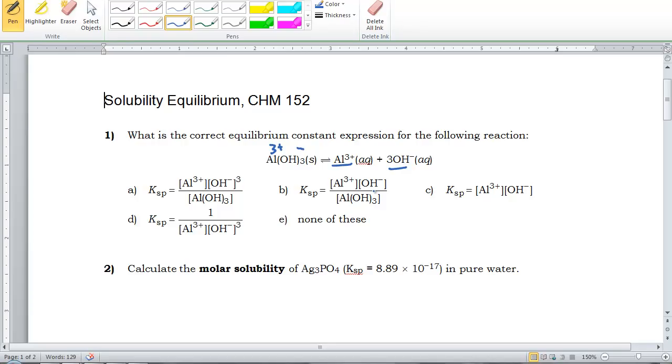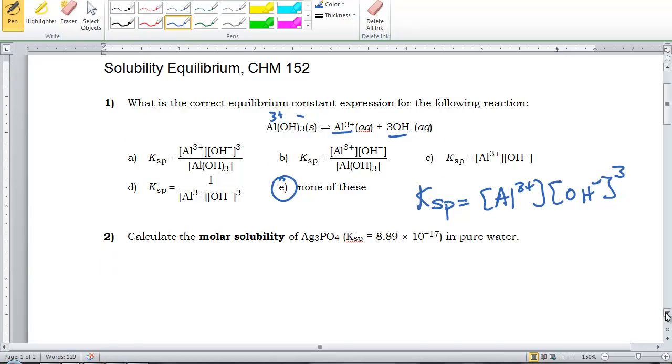So the correct answer here is not that one. Oh, it's actually none of these. Tricky, Dr. C. The correct answer would be aluminum 3+ raised to the power of the coefficient, which is 1, and hydroxide raised to the power of the coefficient, which is 3. That would be the correct expression.